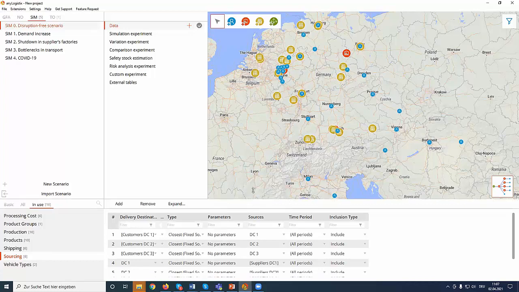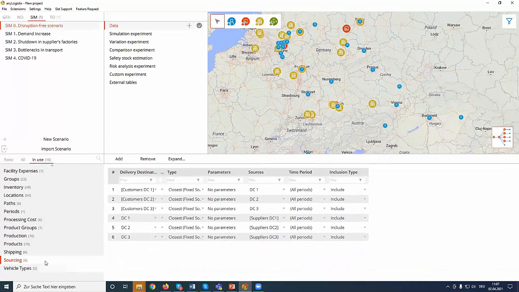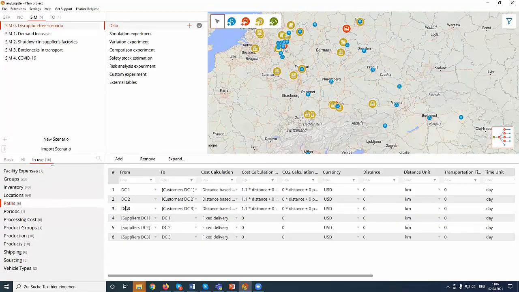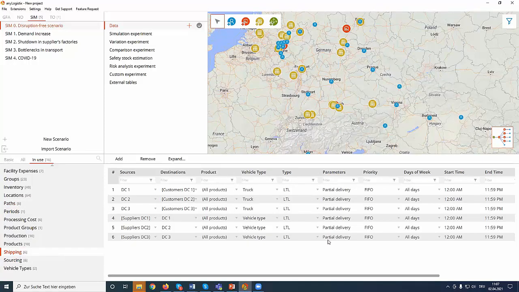The material flows are organized in the way that suppliers deliver to distribution centers and distribution centers to customers. We associate some transportation cost for this process and also define some shipment rules. In our case, LTL shipment control policy.